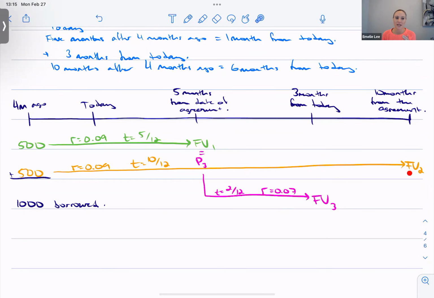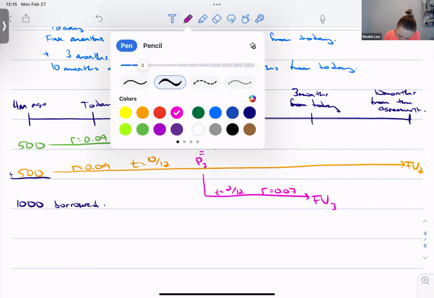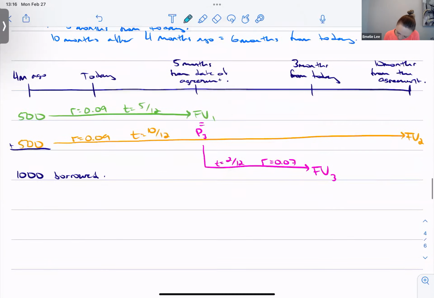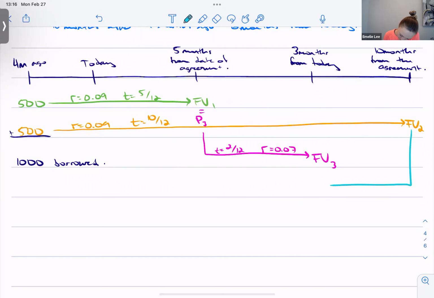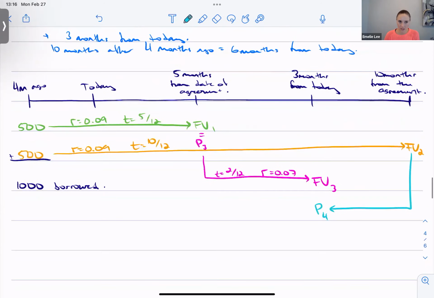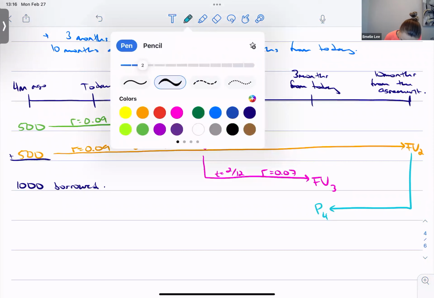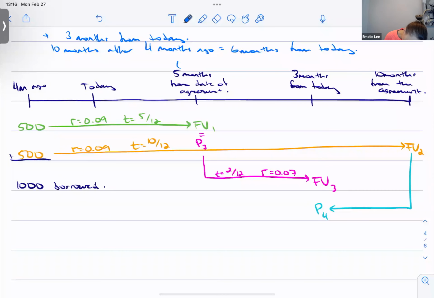And 10 months from the agreement date, well, that's further out. So now she's going to pay it back early, which means that she can discount this amount. And what color do I have here? Maybe this one. So that future value 2 is going to get pulled back to some principal amount 4. Now, 10 months from the agreement, and maybe what I should do or should have done is said that this is 1 month from today.